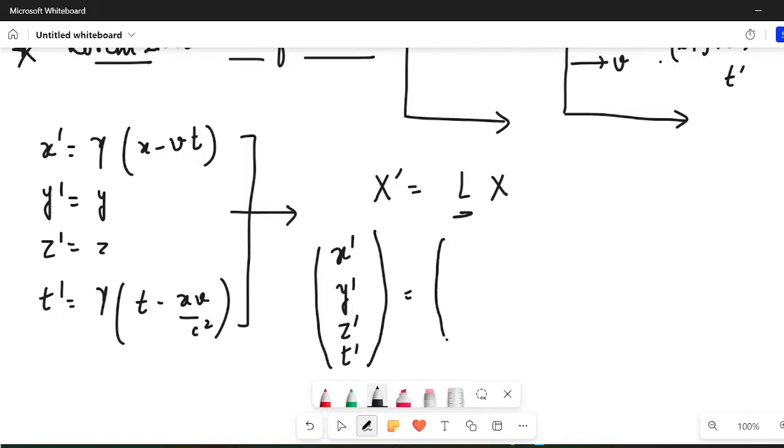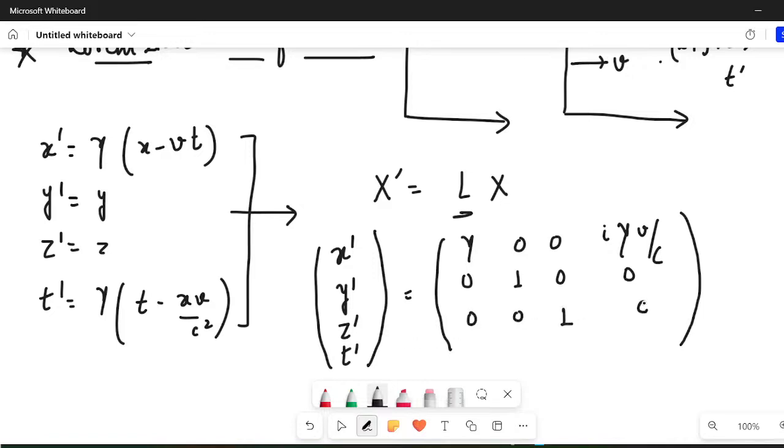It would be simply gamma, 0, 0, and since t is there, so I'll write iota gamma v upon c. Here it would be 0 1 0 0, and here 0 0 1 and 0, and here I have minus iota gamma v upon c, and then 0 0, and then again gamma. And this X will be simply x, y, z, and t.